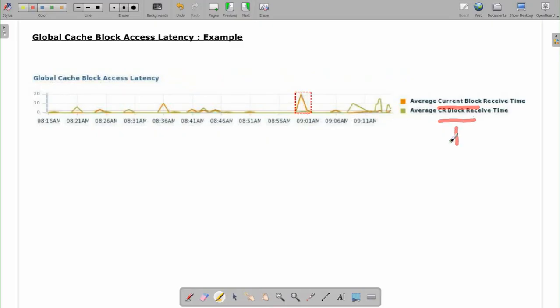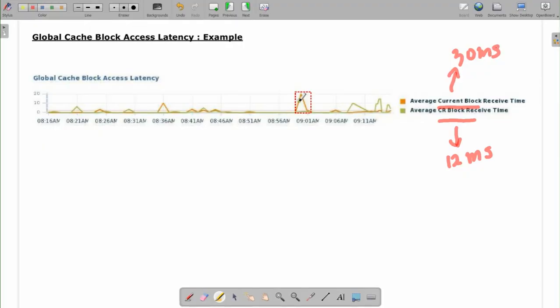According to the chart from one of the slides, the upper bound of consistent read block receive time was 12 milliseconds, and the upper bound of current block receive time was 30 milliseconds maximum. So if you constantly observe beyond this number, that will be one good opportunity to tune your system by looking at this area.